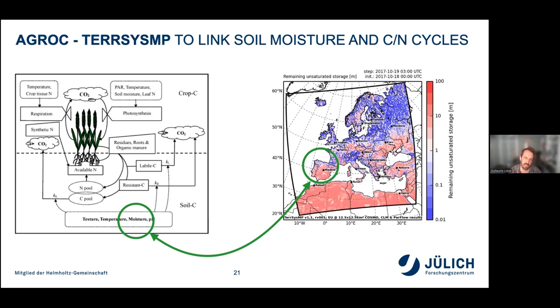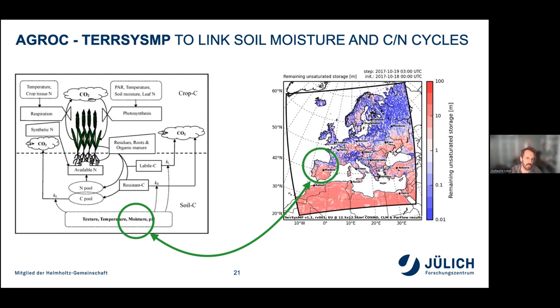As I said, AgroC focuses on the carbon and nitrogen cycle, while TSSMP focuses on the water dynamics within the system. And we know that carbon, nitrogen, and water interact a lot in agricultural systems.